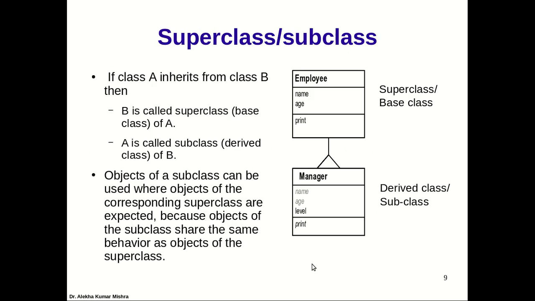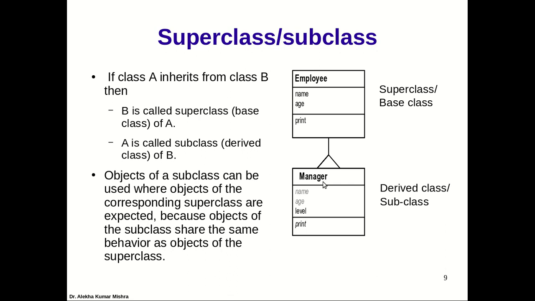Now let us see what is the relationship between the terms superclass and subclass. Assume that here we have a class employee, a generic class, which can be any type of employee, and we have a subclass manager. We can say that a manager is also an employee.